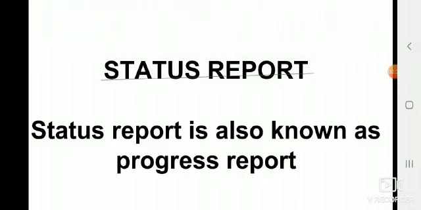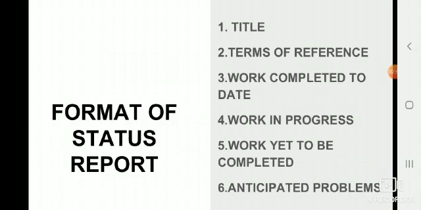Now, in this particular video class, I would like to talk to you about status report. What is meant by status report? Status report is also known as progress report. Next, I would like to tell you the format of status report.